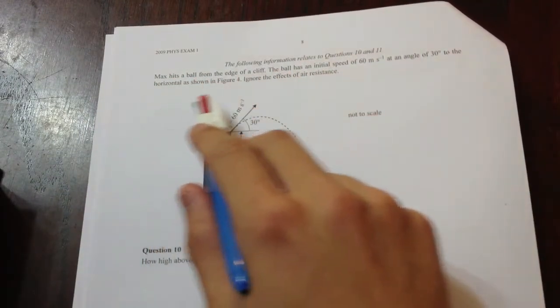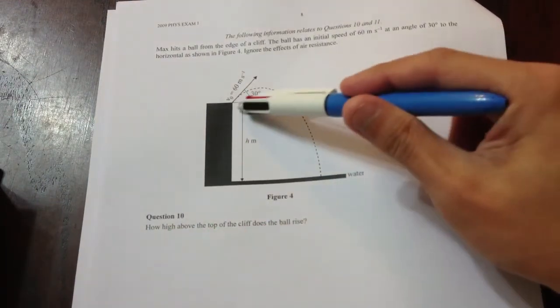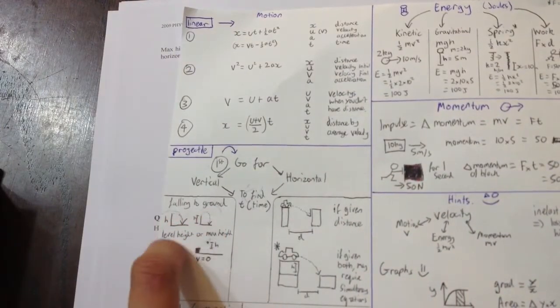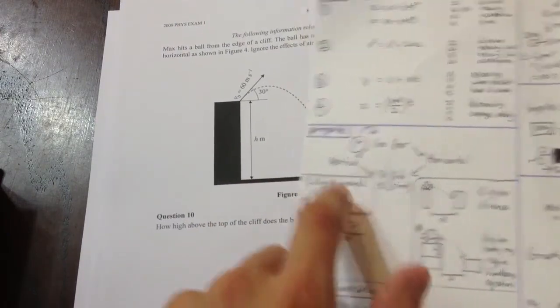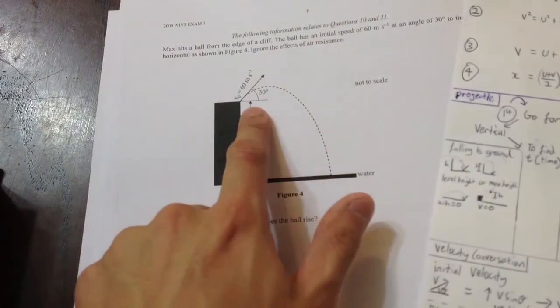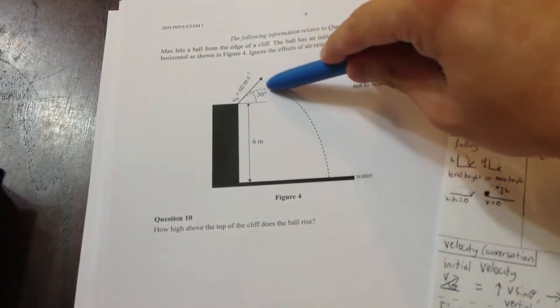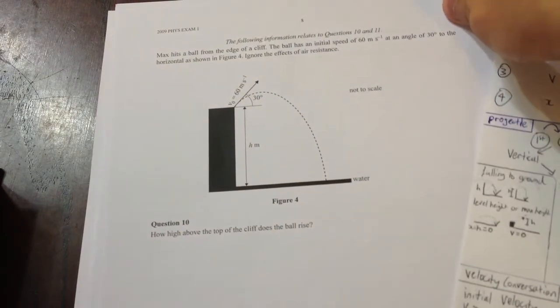So this is a projectile motion. If you feel comfortable with projectile motions, you can just say, okay, it hits the ground. Now remember, if it hits the ground and we want to find time, we usually have to go with vertical first. We have to look at the vertical component. So we have u, and what else does it say?